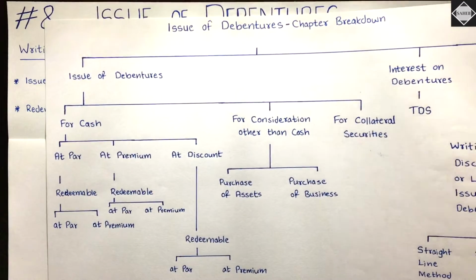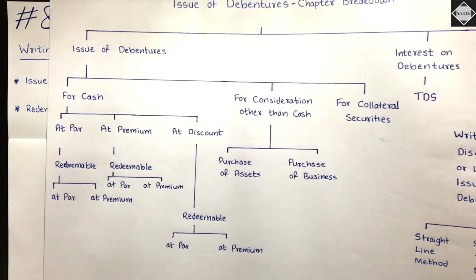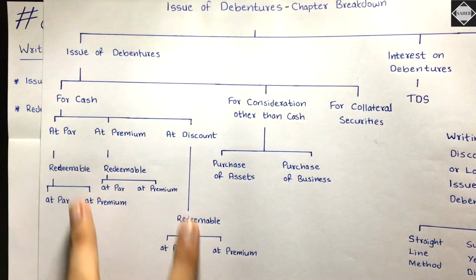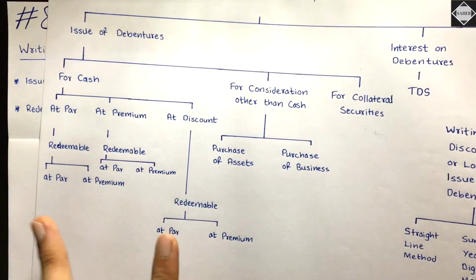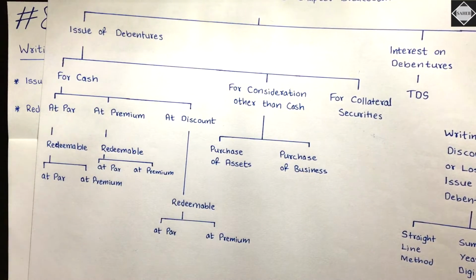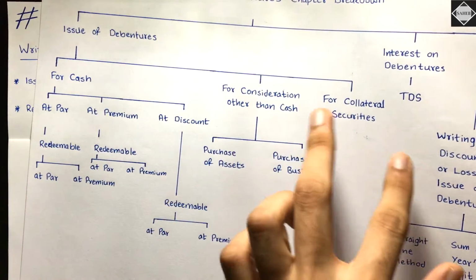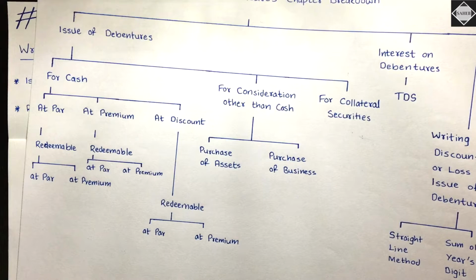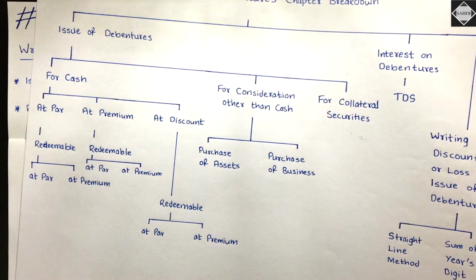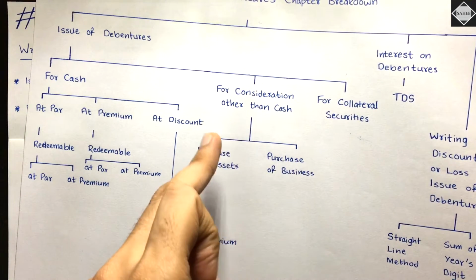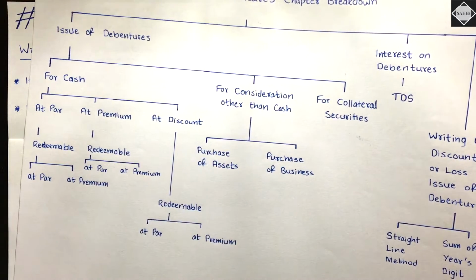See here. In the previous 7 videos, we have completely covered issue of debentures for cash, 6 different cases, 6 problems, and then we understood oversubscription and pro rata, and then we discussed collateral securities. We did a conceptual example over there, and then we moved on to issue for consideration other than cash.